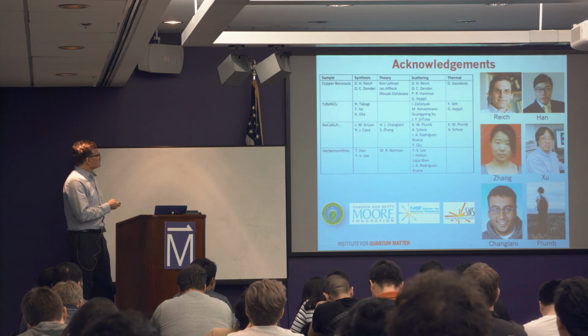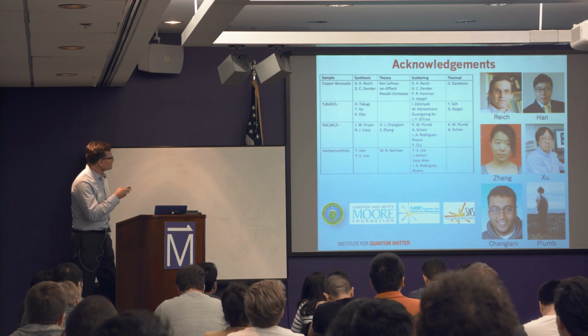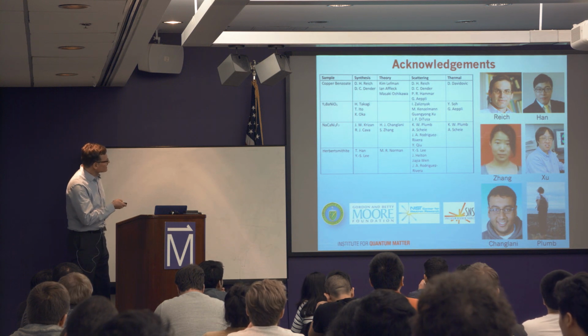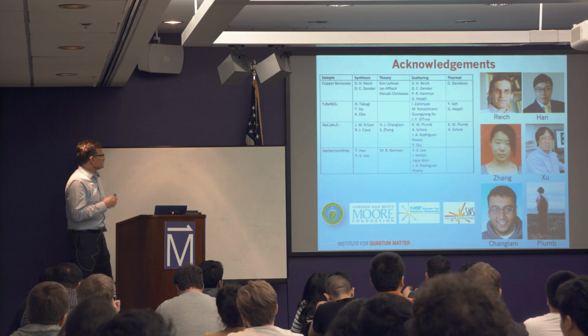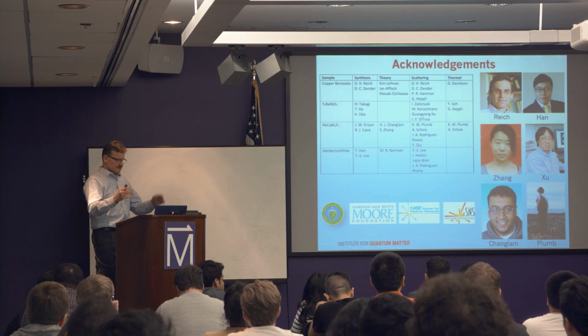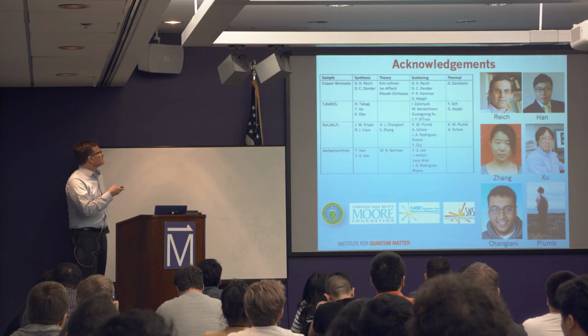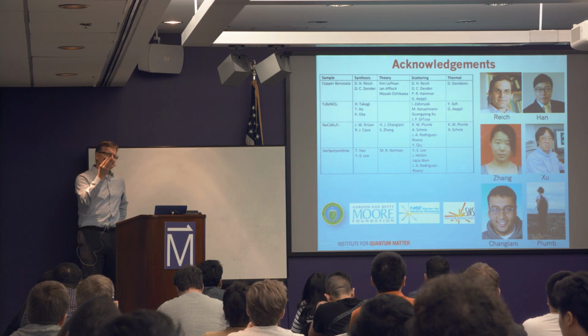There are a lot of people who have contributed to this work, and some of the recurring individuals are here. Your organizers are both on the chart as well, and actually they made very important contributions to significant parts of this talk. The other thing I wanted to illustrate with this slide is that this is work that typically involves many different areas of expertise, including theory, and that will be one of my messages.